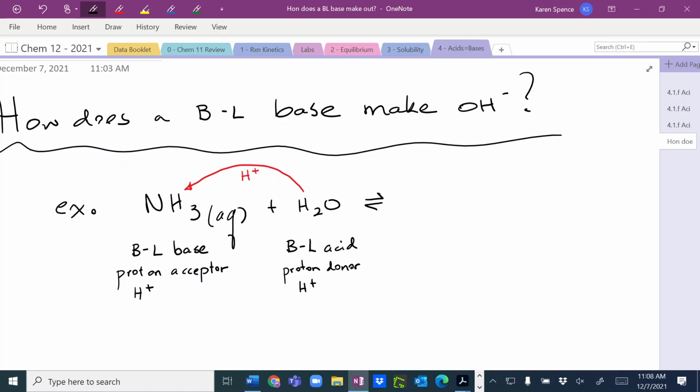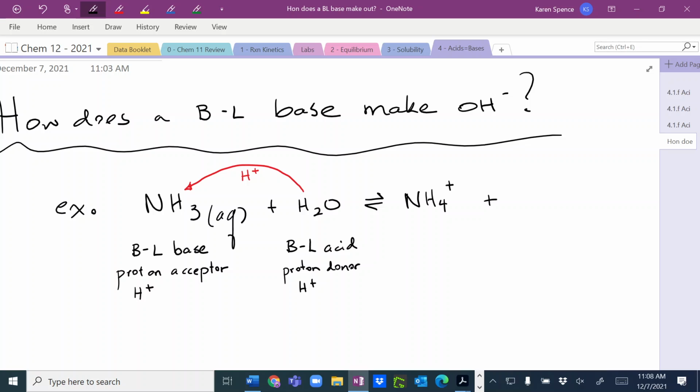What is the conjugate acid of NH3? NH4 plus. Yes? Water acted as a Bronsted-Lowry acid.